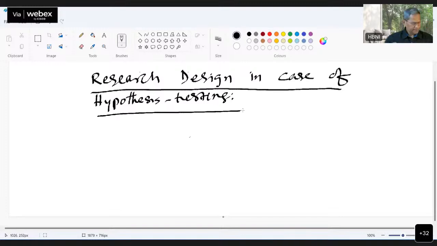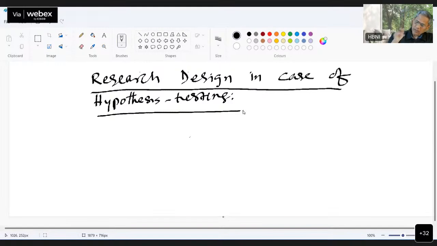This is basically the hypothesis testing research studies, generally known as experimental studies. These are experimental studies, where the researcher tests the hypothesis of causal relationship between variables.